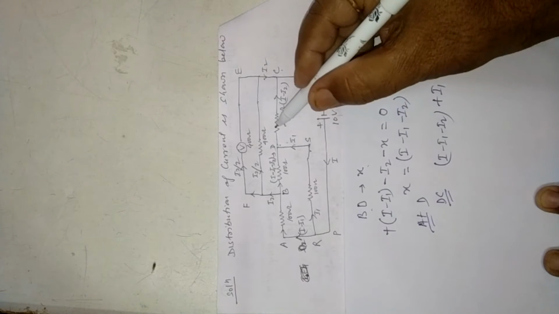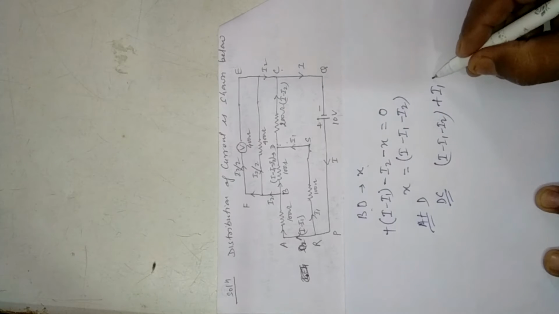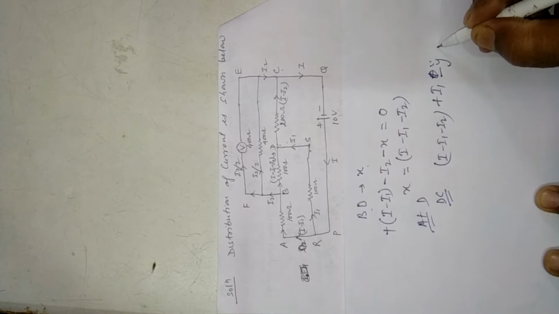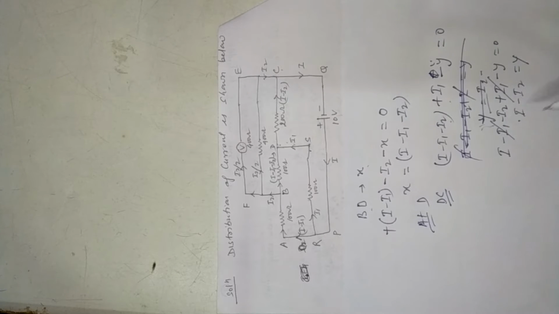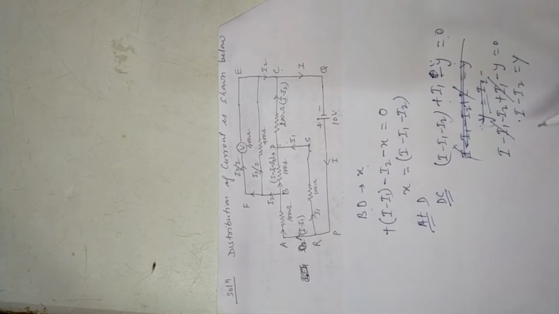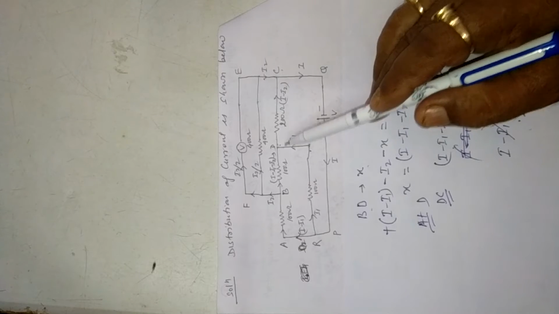Or you can let the current be Y, so the algebraic sum of all the currents meeting at point D will be 0. Therefore, after solving, I1 cancels and I minus I2 is equal to Y. This is the current passing in the section DC.